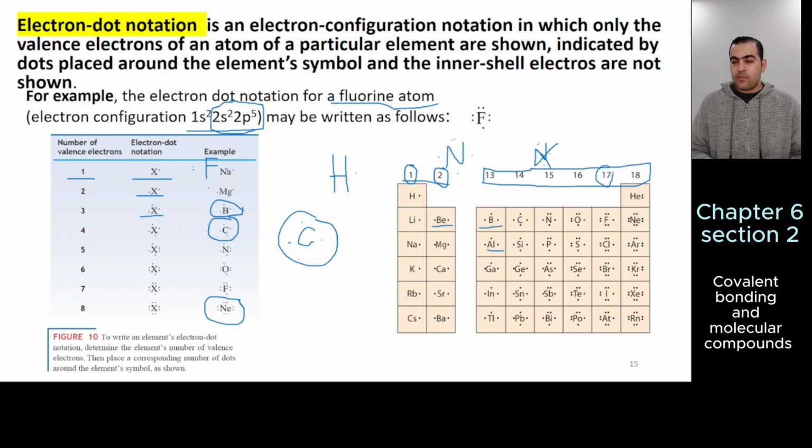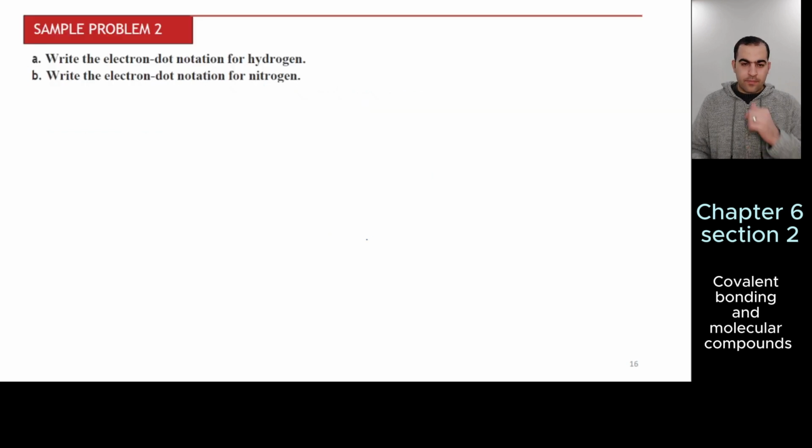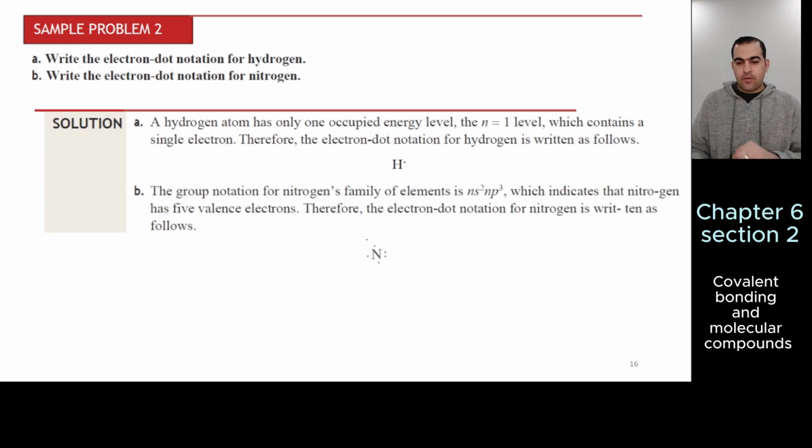Group 17, which is very important, has 7 valence electrons: group number minus 10 equals 7. Then 6, 5, and 4 for group 14. Group 13 has 3 valence electrons, group 2 has 2, group 1 has 1. Electron dot notation is easy. This is for hydrogen and for nitrogen.